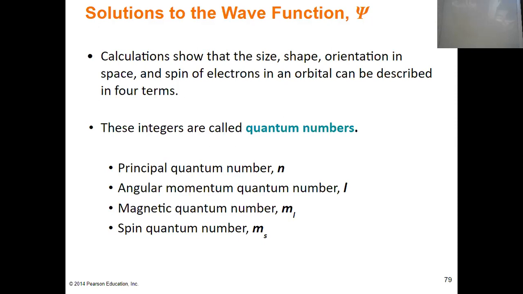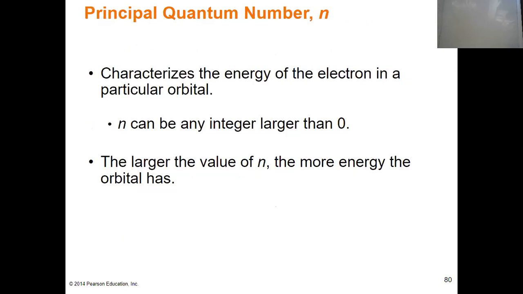Because like I said, you can't know everything about an electron, but we can gather up as much information as possible in order to describe it. There are 4 quantum numbers that we have to look at, and we have to know how to find them and how to use them. We're going to go through them one at a time.